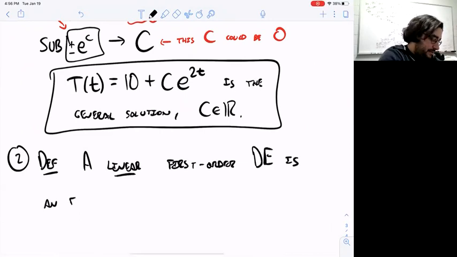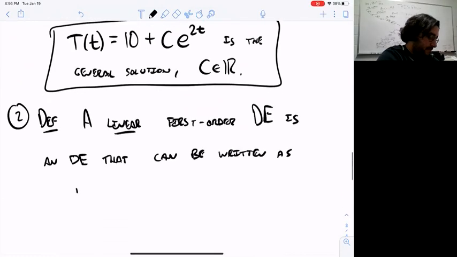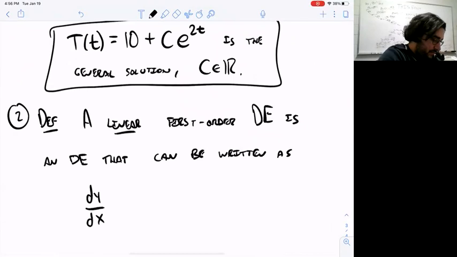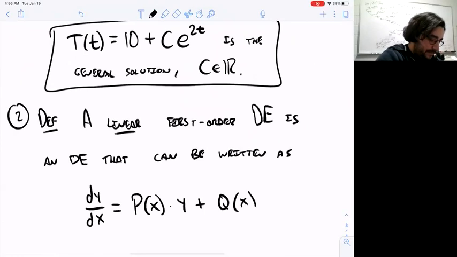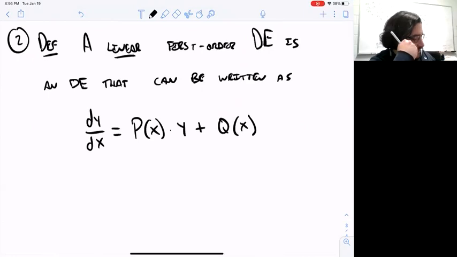It is an equation, a differential equation, that can be written in the form dy dx equals p of x times y plus q of x. So this is our definition of linear.